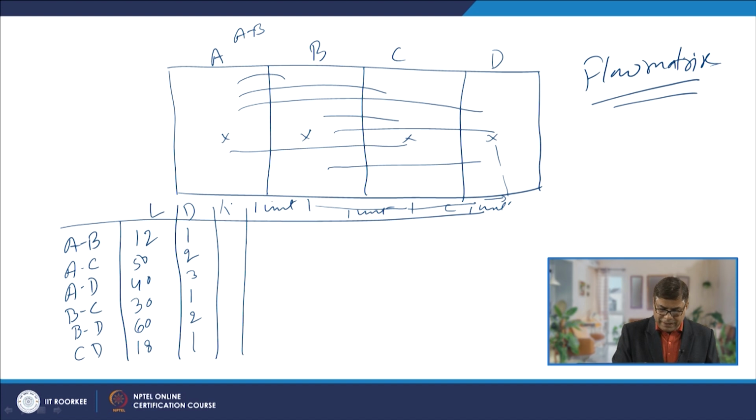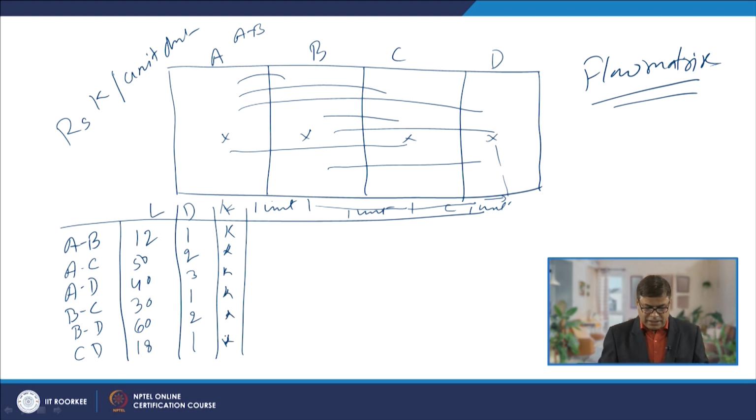So, say K is the cost in rupees per unit distance, then we can simply multiply K with all these parameters. It can be 1 or anything else, we can assume suitably. So, the value which will come out is load into distance into the cost per unit distance K.